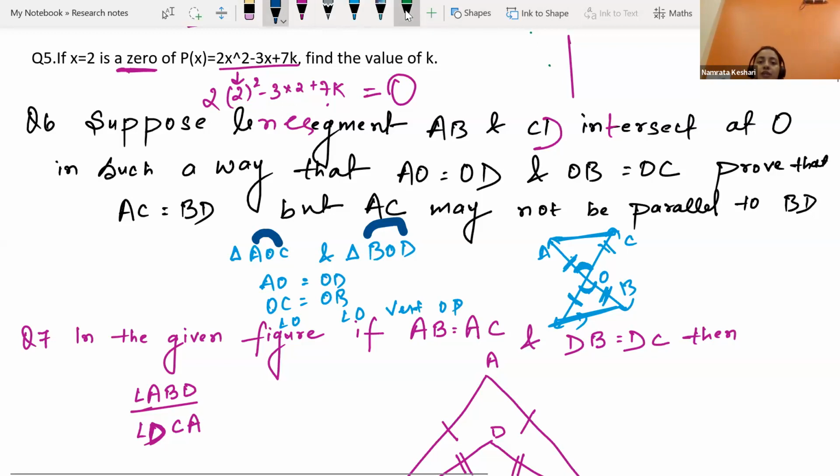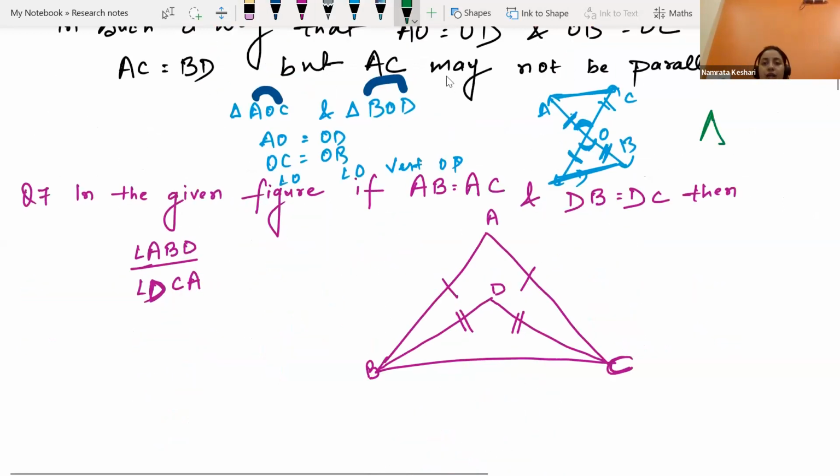So we ended up proving that triangle AOC is congruent with triangle BOD. That's what we have proved just now. From here, if I mark angle A from AOC, this green color angle, it is equal to angle B from BOD, and angle C from AOC.